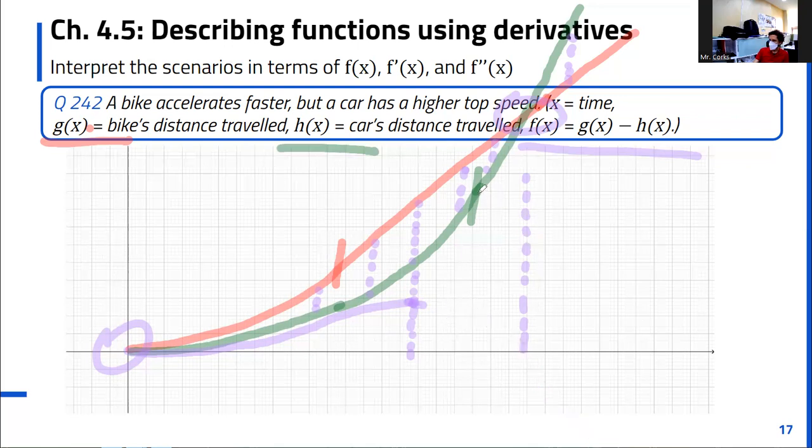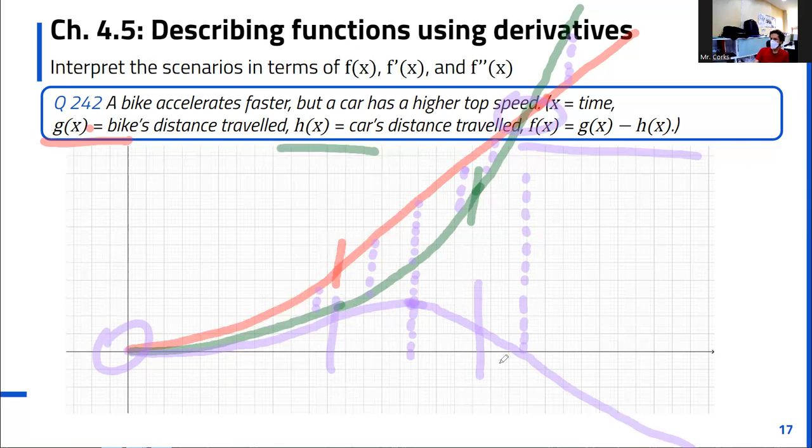Let's do this better. When the car hits its top speed, then it stops curving and it just goes straight like this. So we have this point, we have this point.